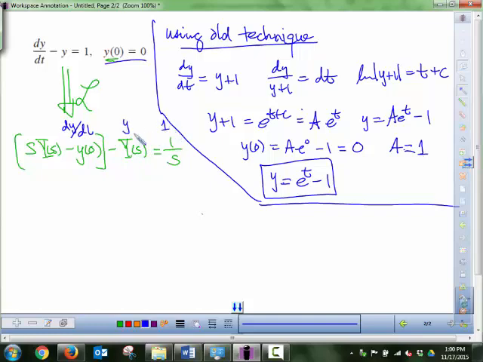Well, that's what it was back in the t world, and then now we've transformed it into the s world. Now we have this. Y of 0 is equal to 0 according to the initial condition, so this is going to go to 0.